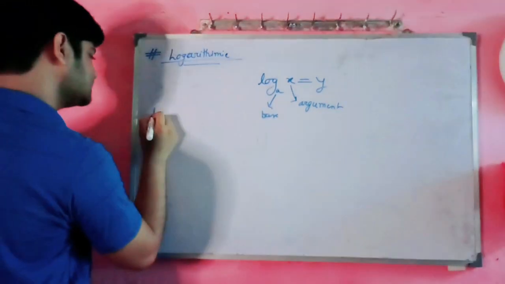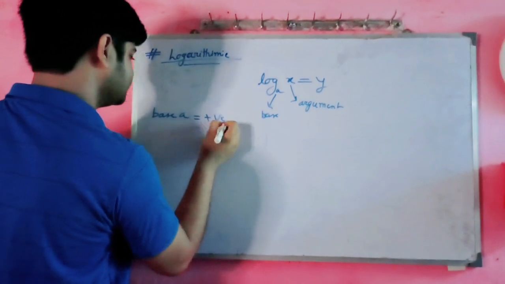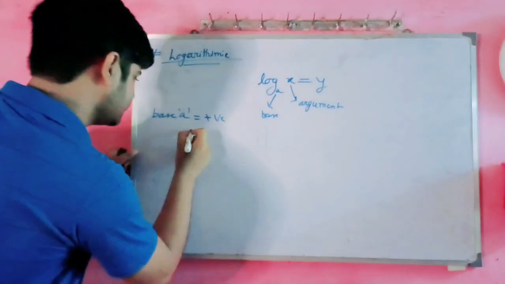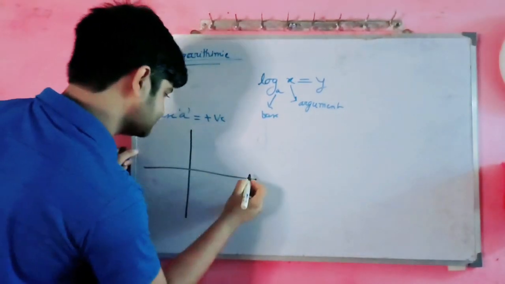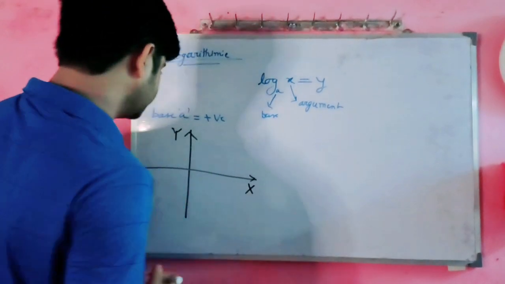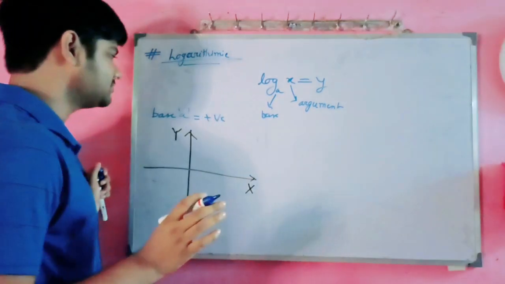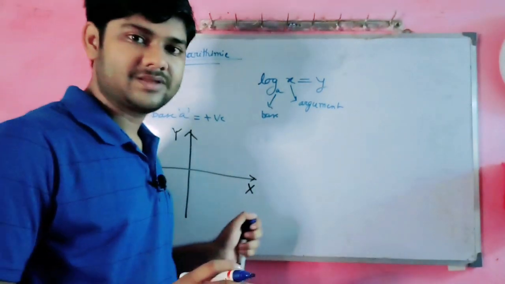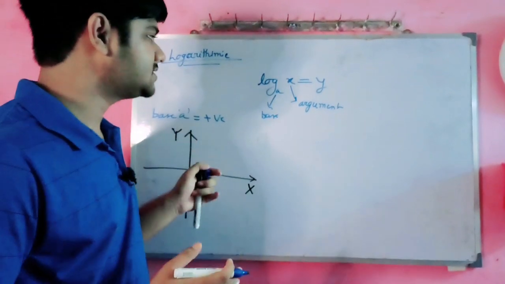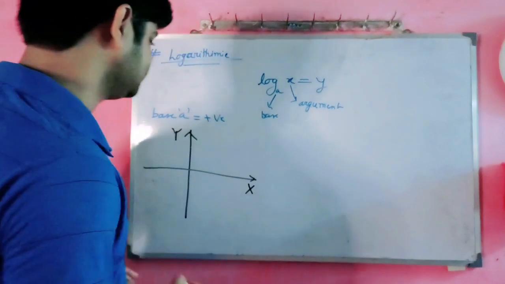Now if base a is positive, then the graph looks like this. How it is happening, we are actually not interested in. Here we just ignore what is happening and let us memorize it.